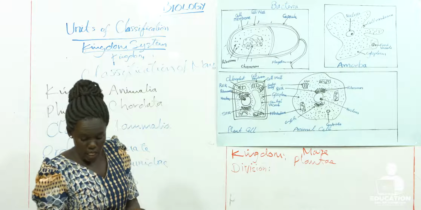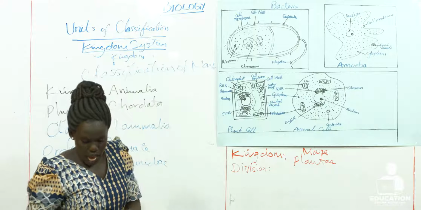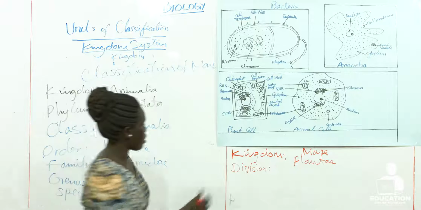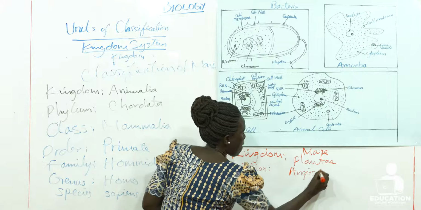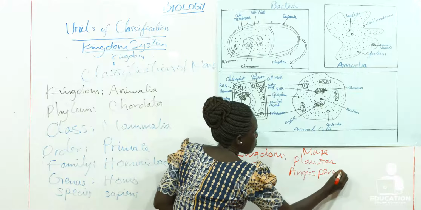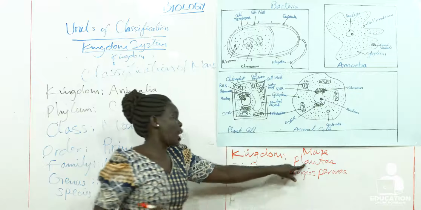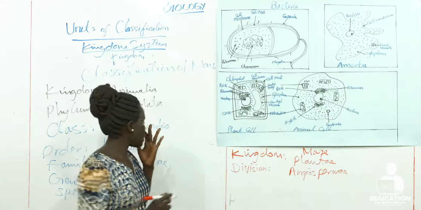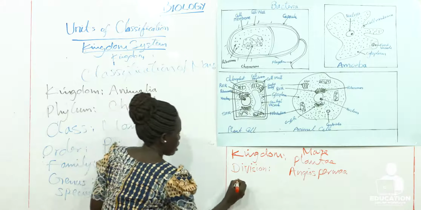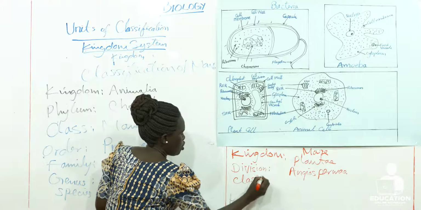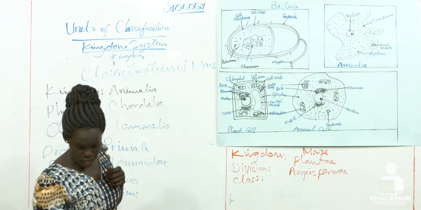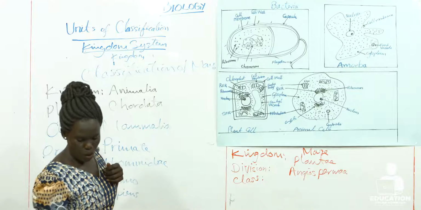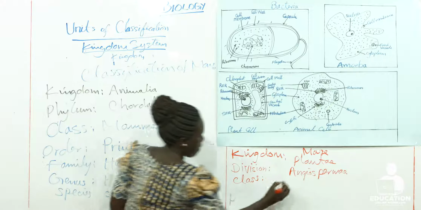The division is Angiospermae. That means plants with seeds. Then the class. What type of seed is this? It is monocot, so Monocotyledonae.